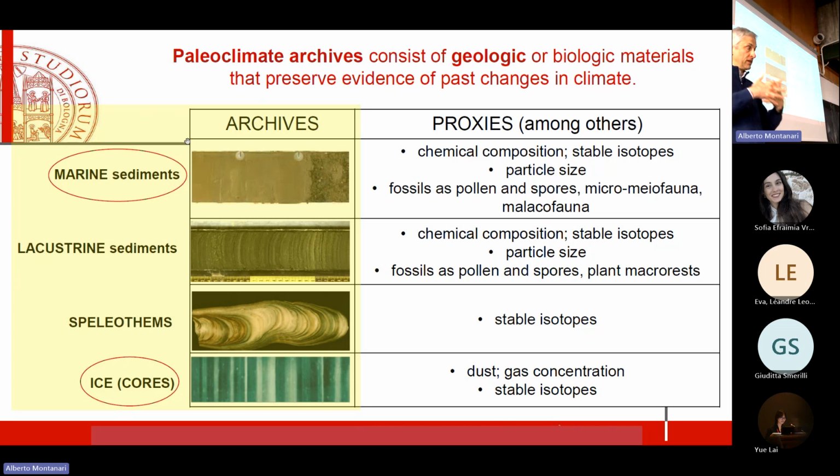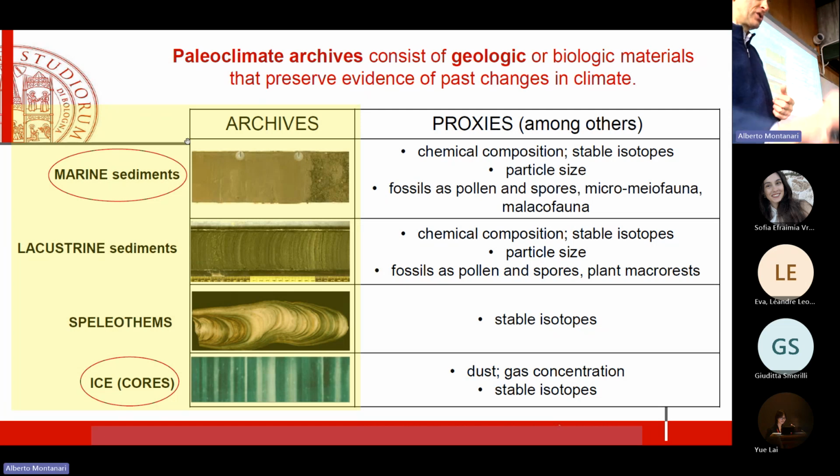So it's trapped in the rock of the caves. Some water is also trapped in the caves in the form of liquid water. And from the composition of this water, we can derive information on the past climate. So when we talk about speleothems, we talk about paleoclimatic archives coming from caves.